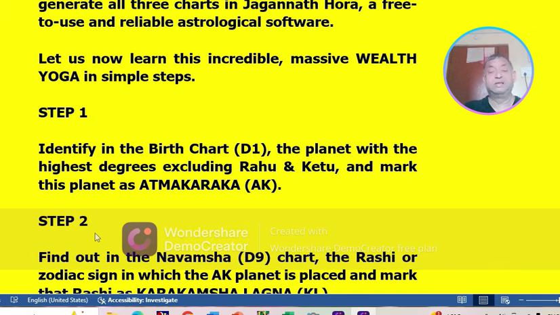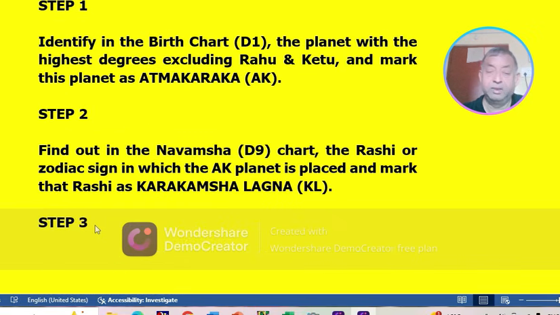Step 1. Identify in the birth chart D1 the planet with the highest degrees, excluding Rahu and Ketu, and mark this planet as Atmakaraka, AK. Step 2. Find out the Navamsha D9 chart.